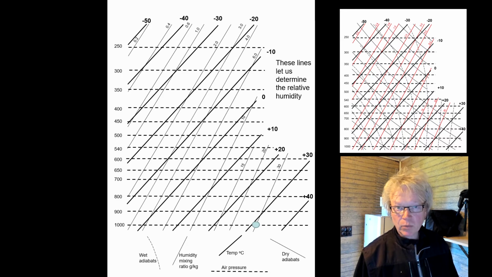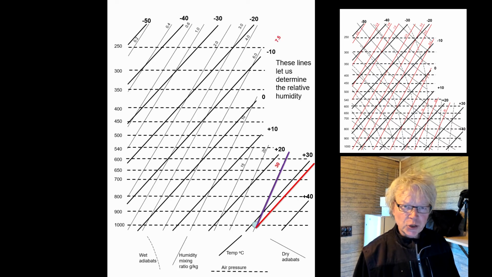Now we could look it up with a table, but we can also read it just off this diagram. The maximum amount of moisture that air parcel can hold at 32 degrees, right? You follow the humidity mixing ratio line, and the answer is 30 grams per kilogram.